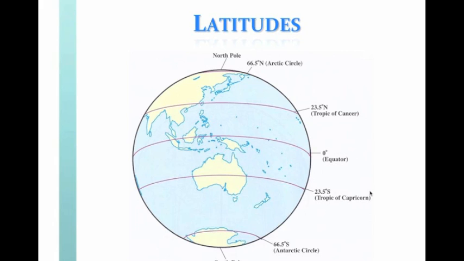As you can see here, the Tropic of Cancer is marked 23.5 degrees north. Similarly, the Tropic of Capricorn is marked 23.5 degrees south. Then of course, you have the Arctic Circle at 66.5 degrees north and the Antarctic Circle at 66.5 degrees south.